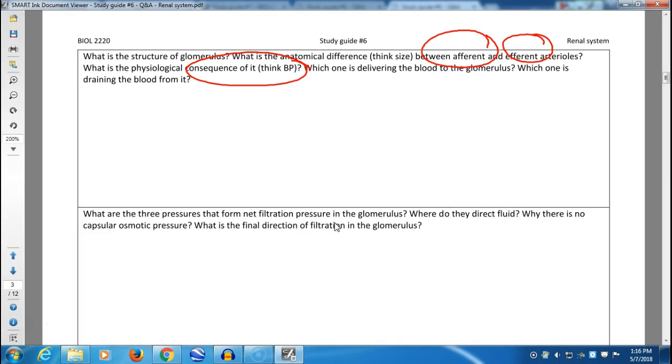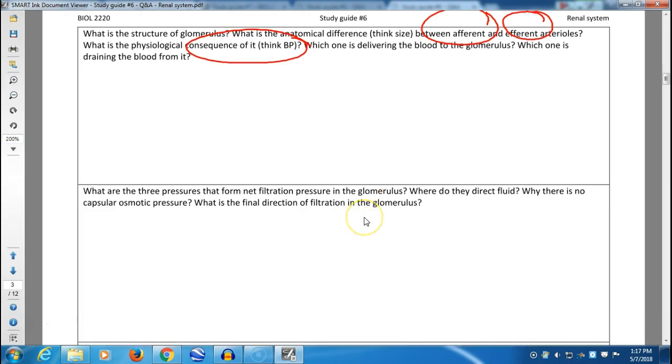It goes up. If capsular pressure or capillary osmotic pressure increase, then GFR goes down. Does that make sense? Because those two pressures, capillary osmotic and capsular hydrostatic, drive fluid back into the blood. I'm going to ask you questions about this.